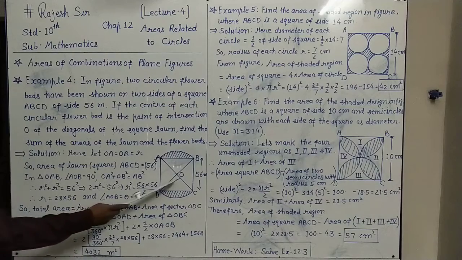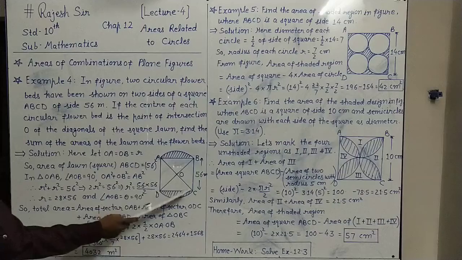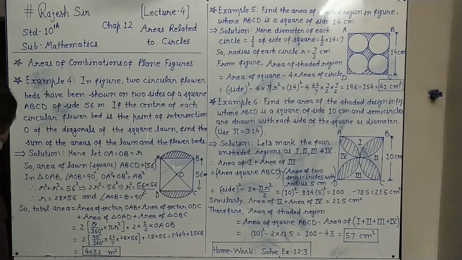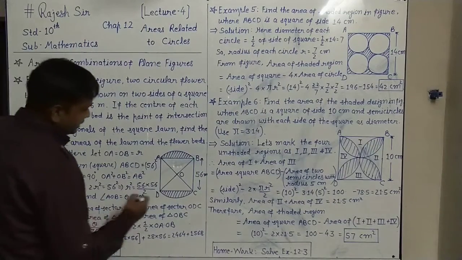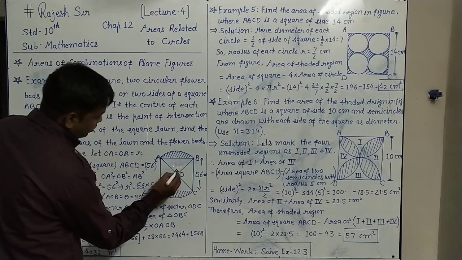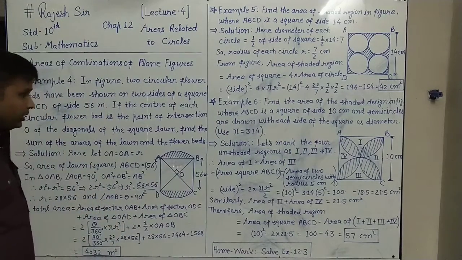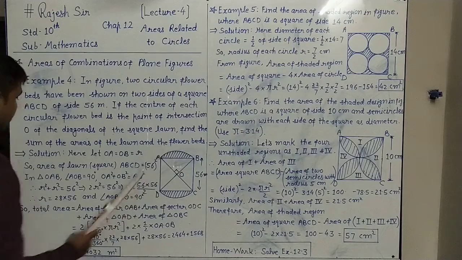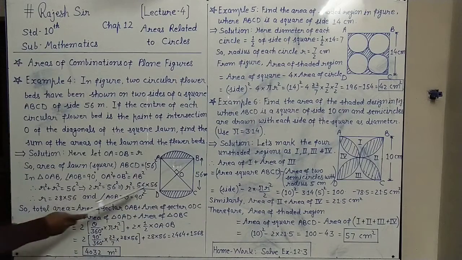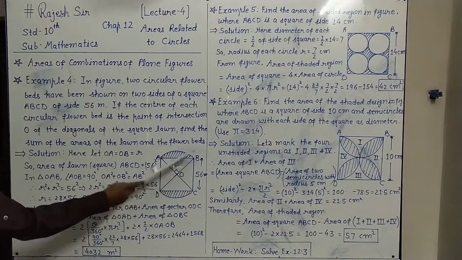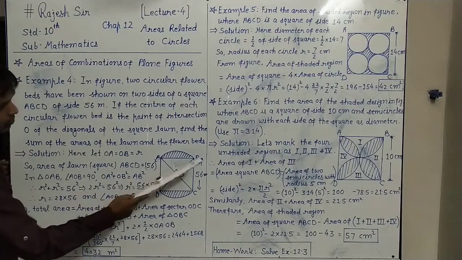In triangle OAB, angle AOB, as it is a square, its diagonals intersect each other at 90 degrees, so angle AOB is 90 degrees. By Pythagoras theorem, in this triangle AB is the hypotenuse.